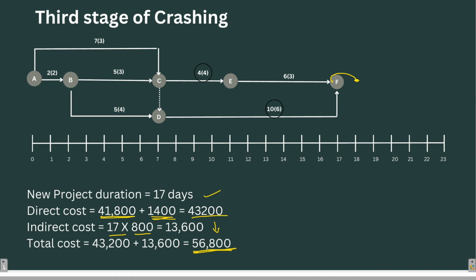Now in the fourth stage of crashing, again all the paths are critical. CE is fully crashed, so we will not crash it any further. The only activities left to be crashed are EF, which will be crashed along with DF. So there is EF and DF to be crashed together, and again AC, BC, and BD to be crashed together.